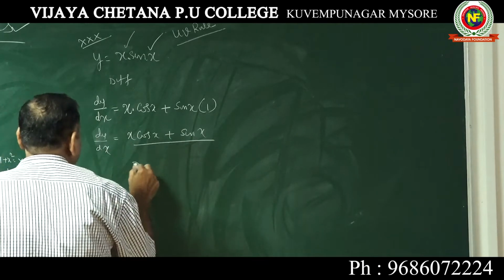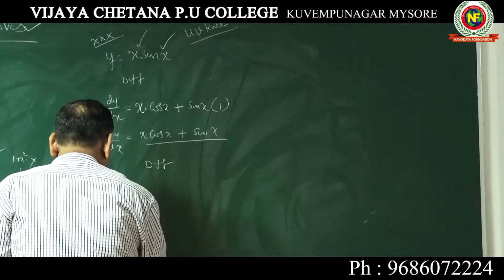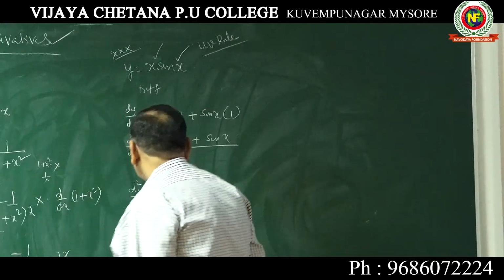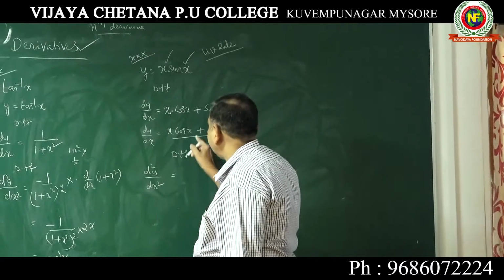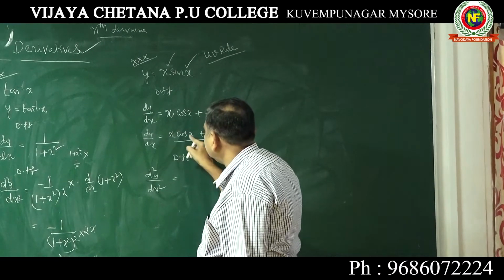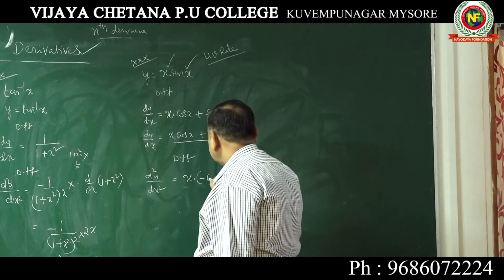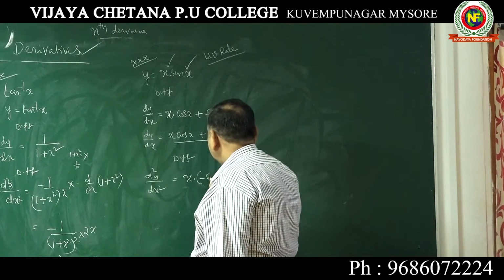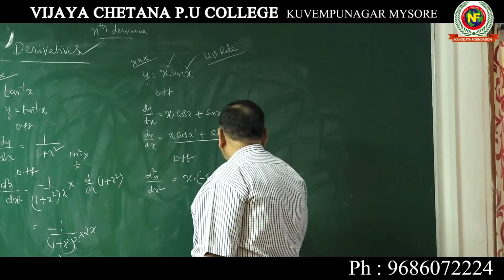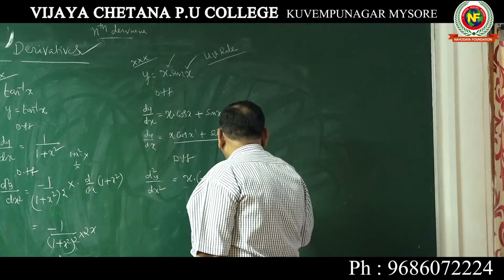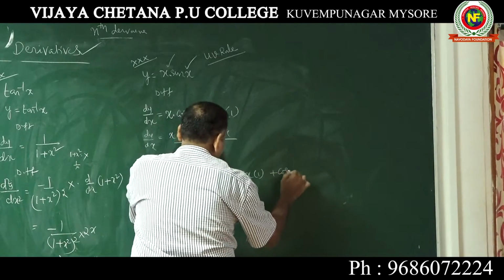So when you differentiate this, d square y over dx square, again product rule. This is one function, this is another function. x into the differential coefficient of cos x, minus sin x, since the differential coefficient of cos x is minus sin x, plus cos x into 1, and the differential coefficient of sin x is plus cos x.